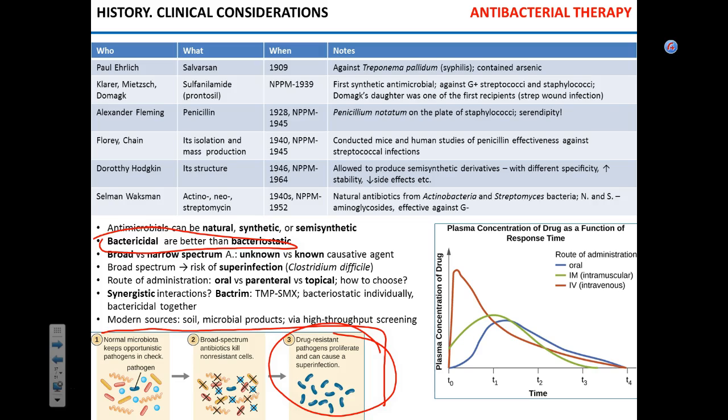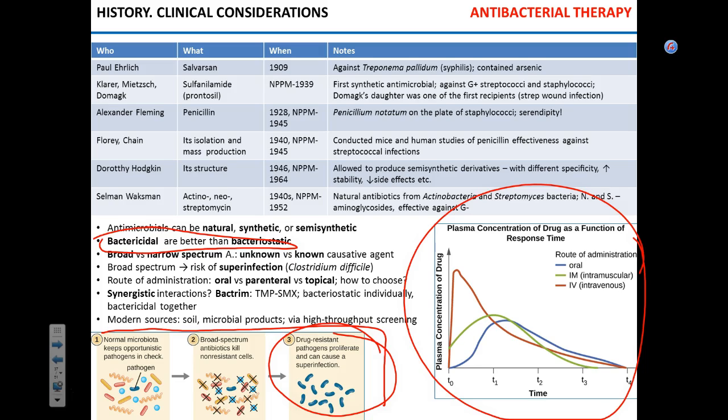Route of administration. That is an important point of consideration. The most convenient, of course, is oral. And that's how we take antibiotics, right? But the problem is that some antibiotics can be absorbed in the gastrointestinal tract and some cannot, right?